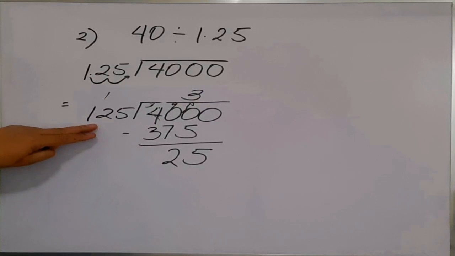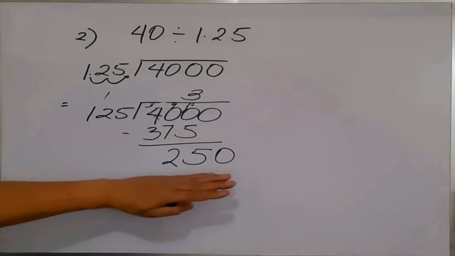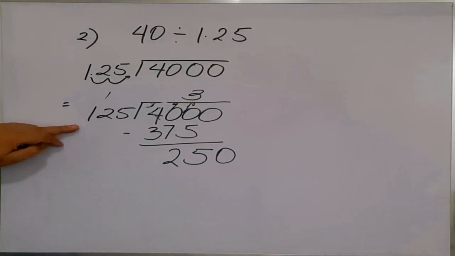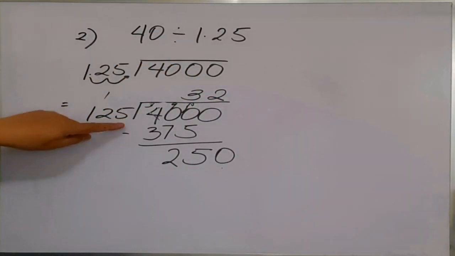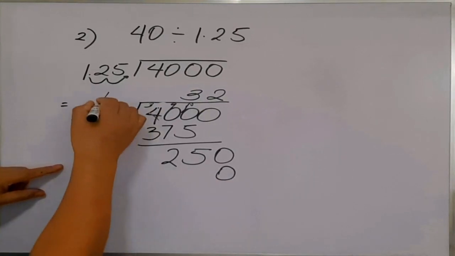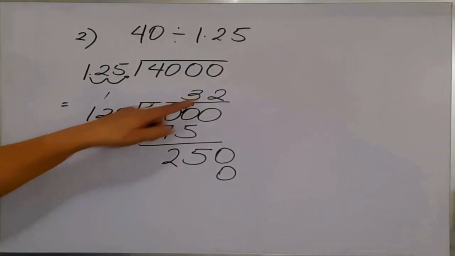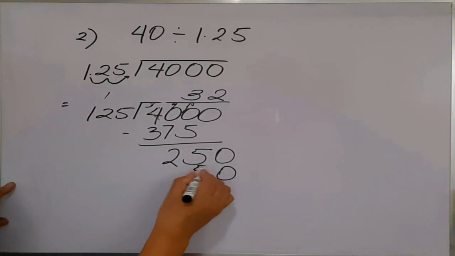So 25 divided by 125 cannot be. So we bring down 0. 250 divided by 125 is 2. 2 times 5 is 10. Carry 1. 2 times 2 is 4. Plus 1 is 5.